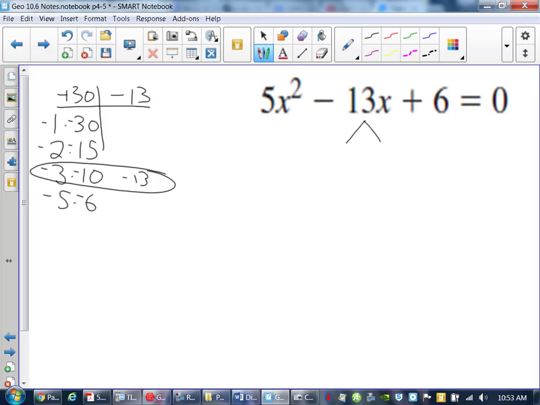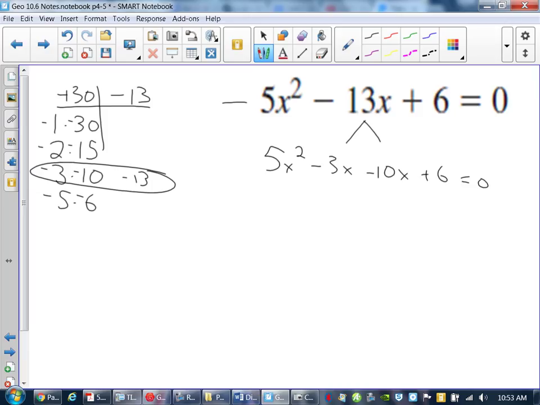So what I'm doing here is I'm going to take these 3 pieces and turn it into 4 pieces. And how I do that is because I know that negative 3 and negative 10 creates the negative 13. So I just put them in order. 5x squared minus 3x minus 10x plus 6 is 0.